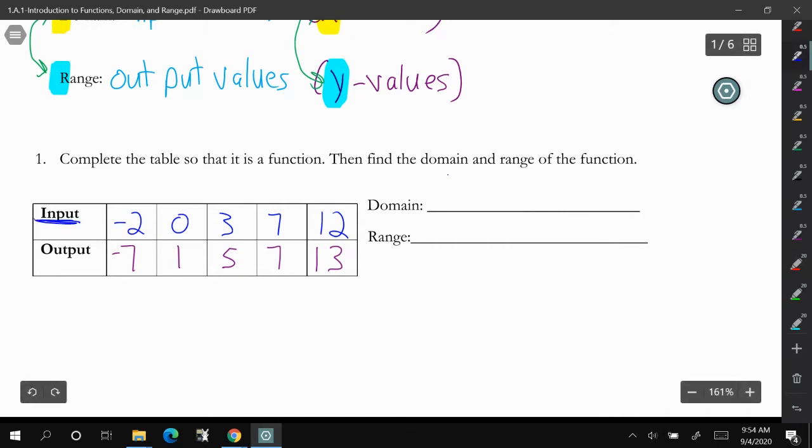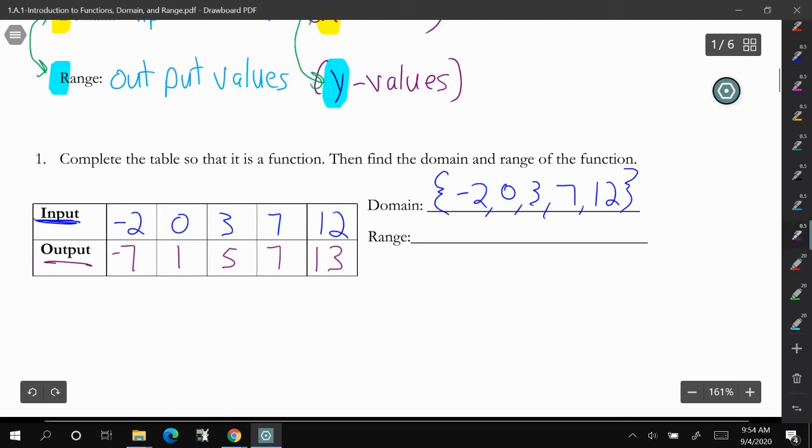So our domain, we write this weird little bracket, and then we list our values, -2, 0, 3, 7, and 12. And then our range will be the output values. So -7, 1, 5, 7, 13. So again, output goes with range, input goes with domain.